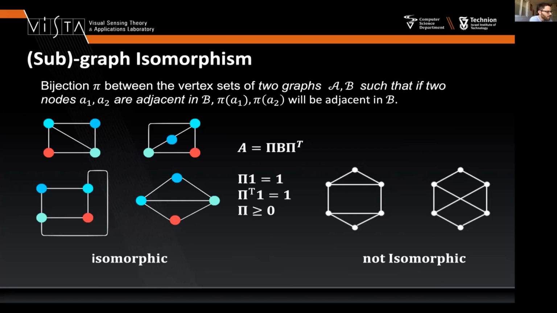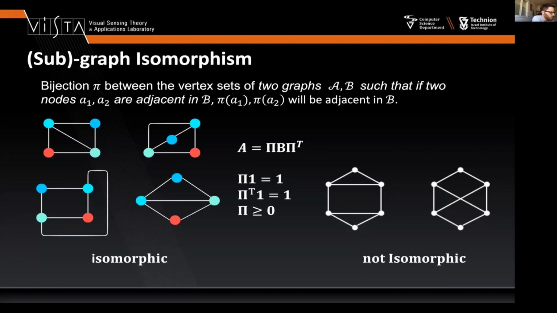Doing this can be done by finding a matching between these two graphs, the graph isomorphism problem. So what is graph isomorphism? If you have two graphs A and B, an isomorphism is a bijection between the two sets of nodes of these two graphs, such that if two nodes are neighbors in A, then their mapping onto B will be neighbors in the graph B. Okay, so it's some kind of smoothness notion, essentially.